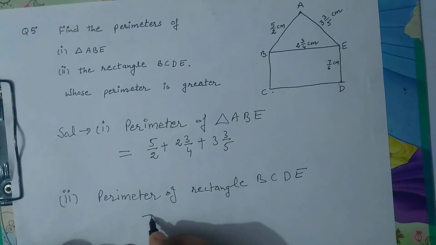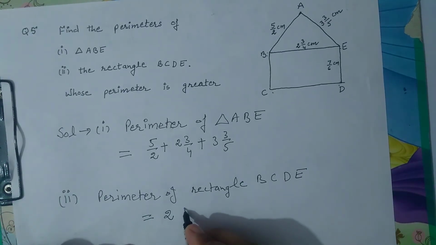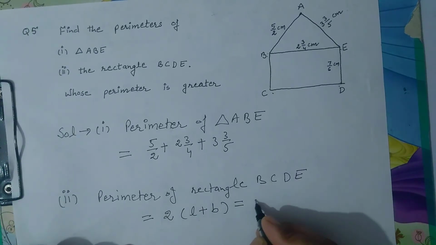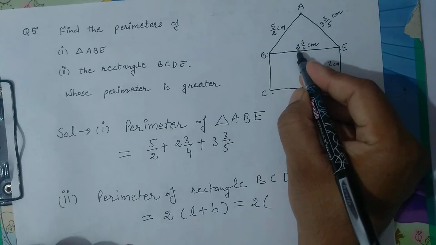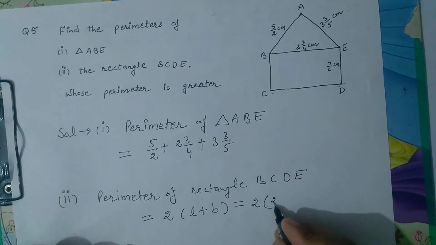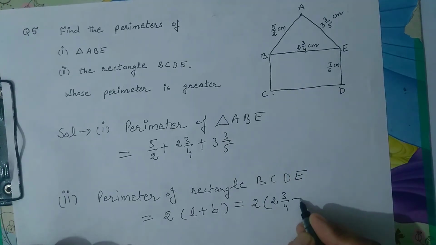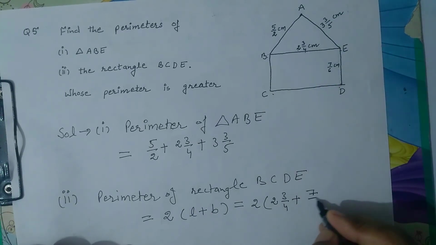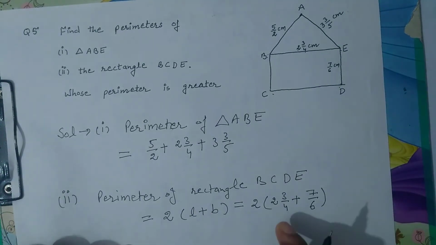BCDE is equal to 2 into length plus breadth. So what is length? Length is 2 and 3 upon 4 plus what is B? B is 7 upon 6. Next you will do this question yourself.